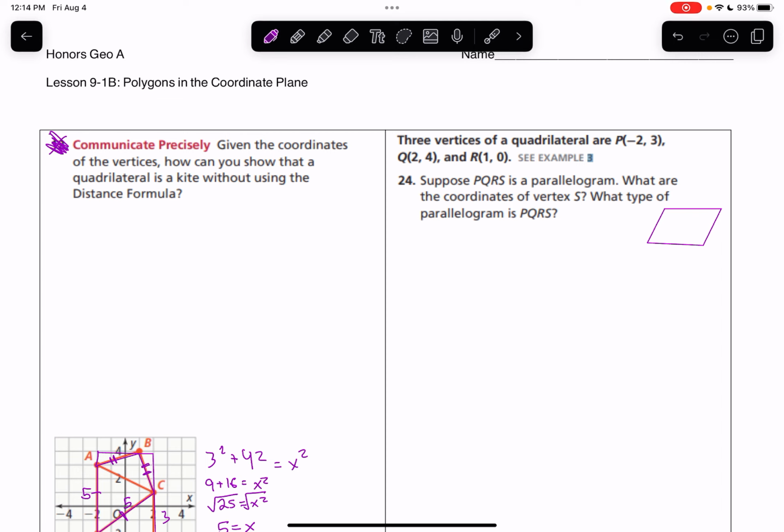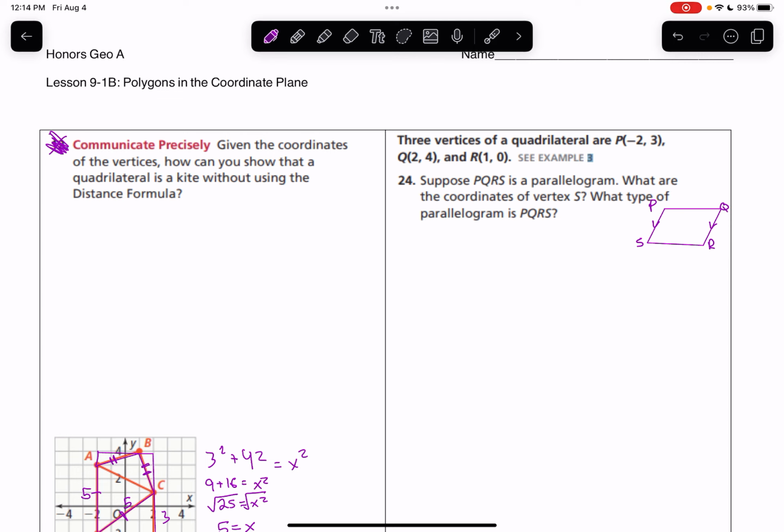So if this is P, Q, R, S, and we're looking for coordinate S, and we know PQR, I know that QR and PS are going to be parallel.